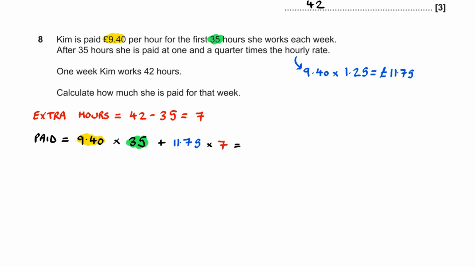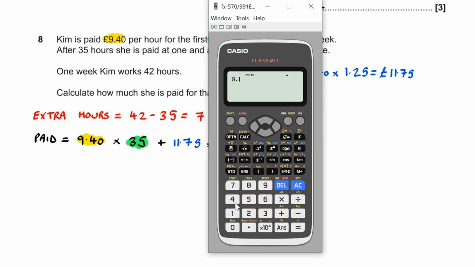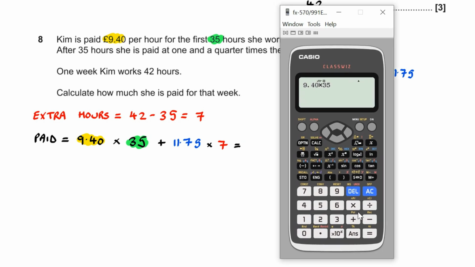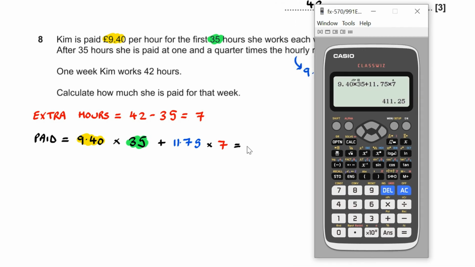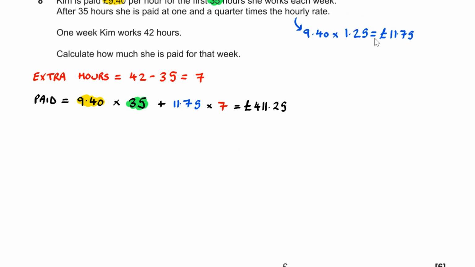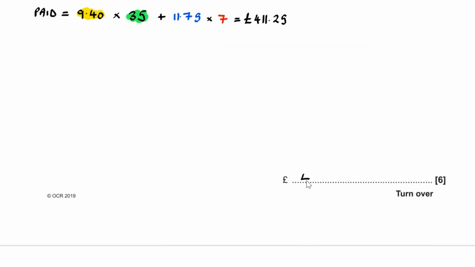So if we work this out, we have £9.40 times 35 plus £11.75 times 7. It turns out here we get £411 and 25 pence. So we have £411.25.